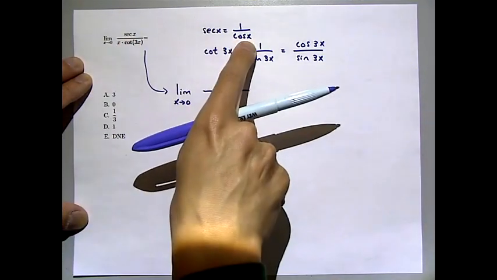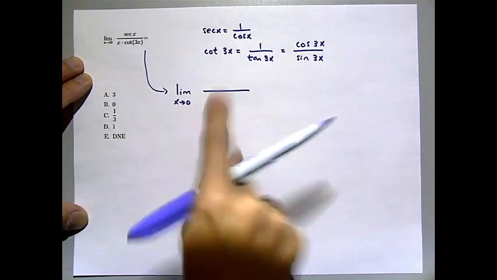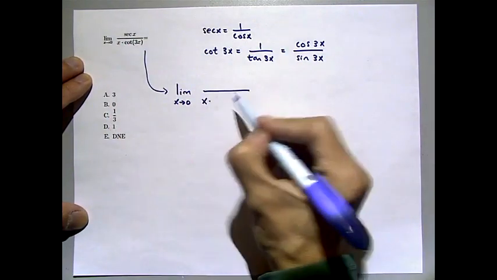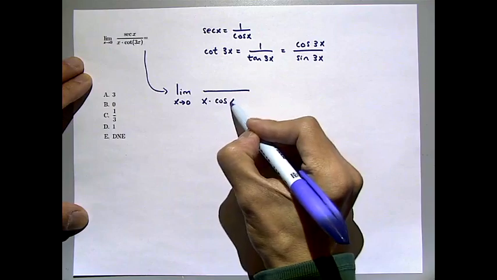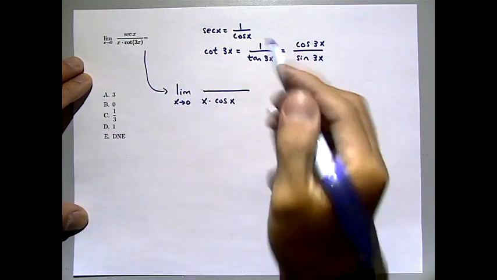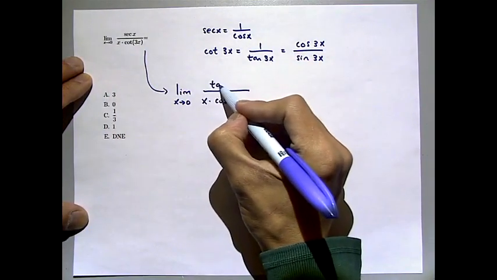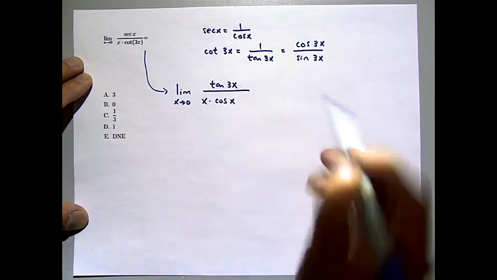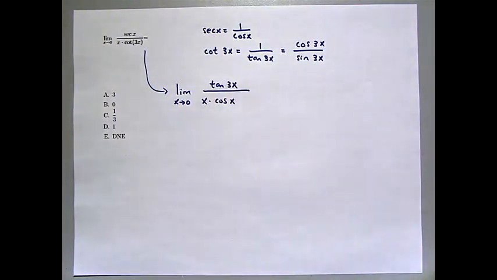One over cosine means I can bring the cosine downstairs. Cotangent, let's put it upstairs, and it becomes tangent. Secant is the reciprocal of cosine, so I can bring it down to the denominator, and I put the tangent up.